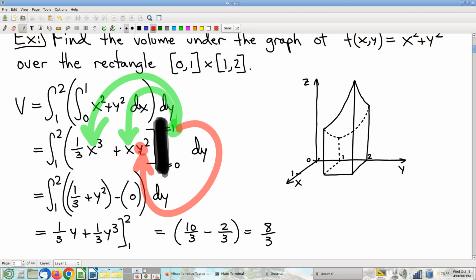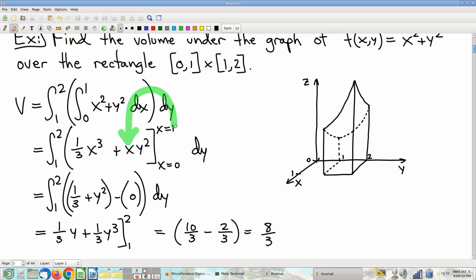So my little hack for avoiding this problem is just be explicit. When you copy down this 1 right here, remember it is explicitly x that's equal to 1. So write it as such. Write x equals 1. It'll take you an extra 3/4 of a second to write down x equals, and it will save you the inadvertent mistake.